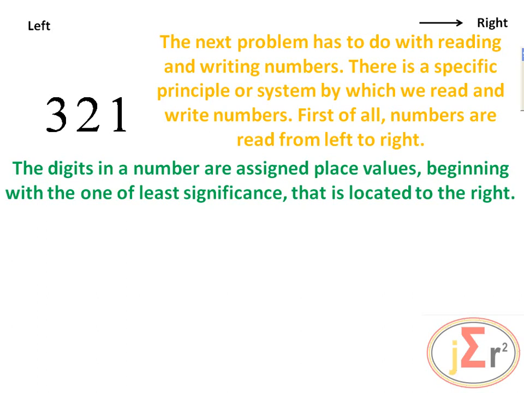That is the one with the smallest place value, and that one is located to the right. So we have the ones, the tens, and the hundreds. Everything has to do with hundreds, tens, and ones.